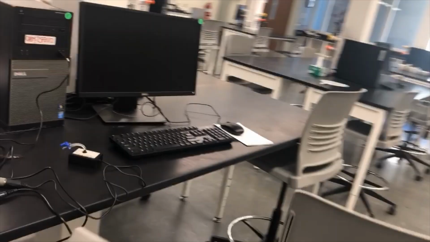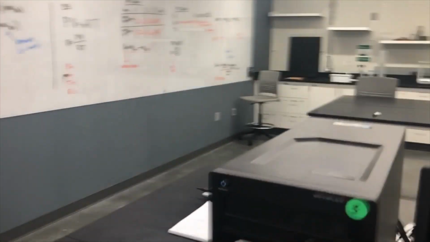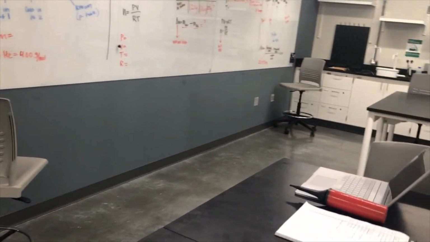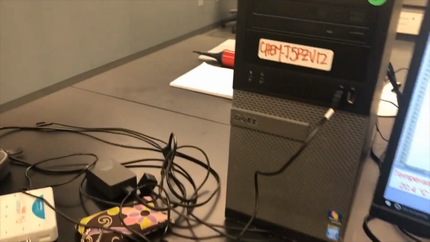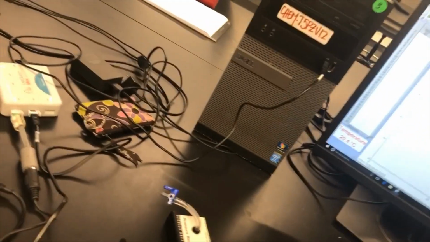Now we're going to take this balloon and bring it on back over to the computer where I have hooked up the Vernier software. So we're going to assume that the temperature of the air in this balloon is equal to the temperature of the air in the room.